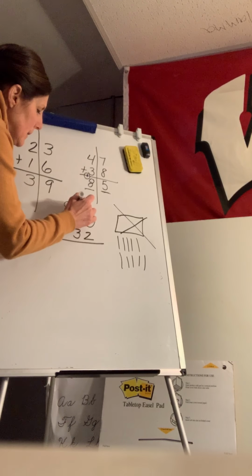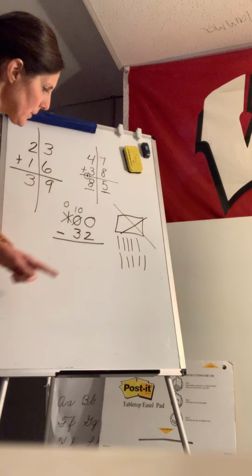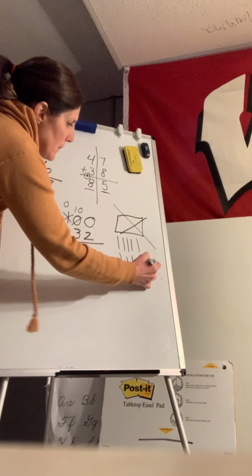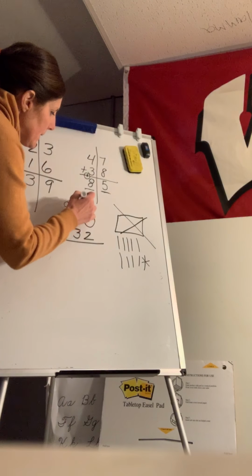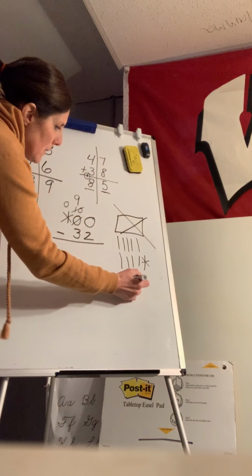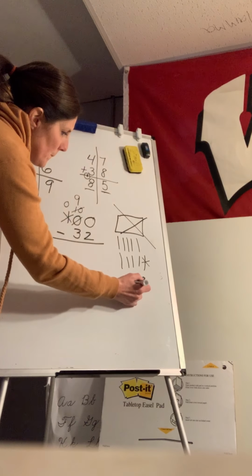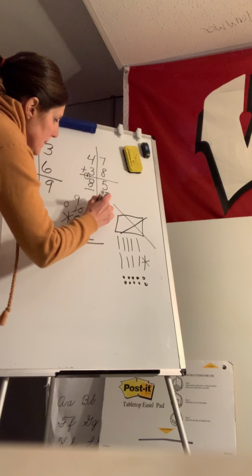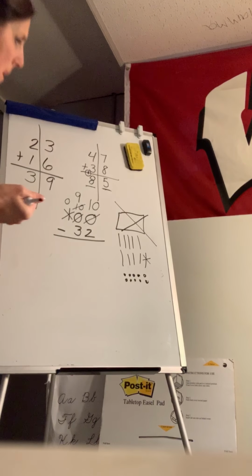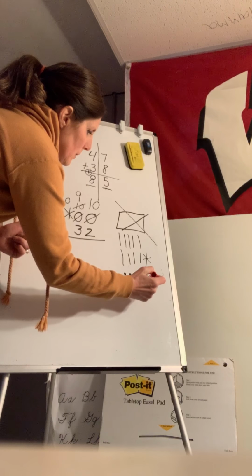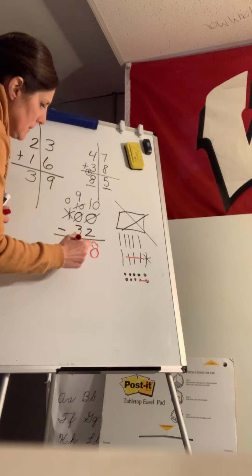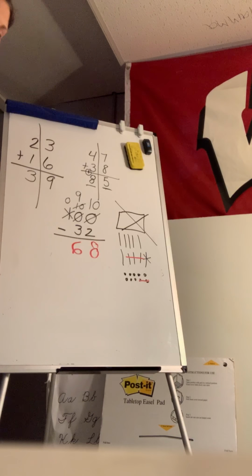And now we have 10 tens. However, we still need to take away 2 ones and we don't have any of those. So we're going to get rid of one of our 10s. So now I have 9 tens, and I'm going to trade that in for 10 ones. So now I can take 2 away. I'll grab my red marker. 10 minus 2 is 8. 9 minus 3 is 6. So my answer is 68.